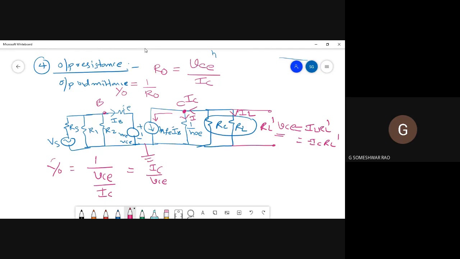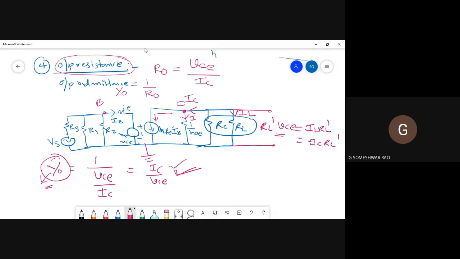That means if you are able to solve this expression, then we can say that we got the output admittance, and from the output admittance, we can define the output resistance. Are you with me, sir? Now we are interested in finding out this ratio. Yes or no? Yes, sir.